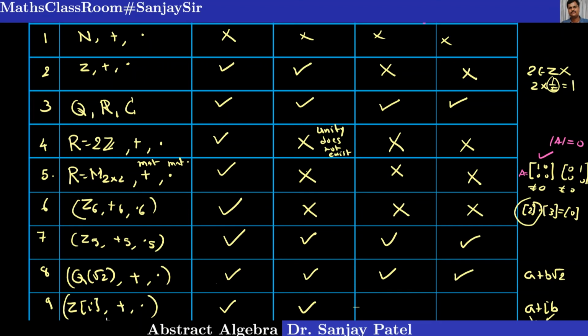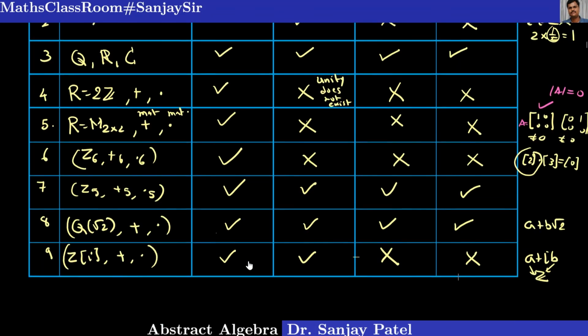If you remember, or just go through the previous videos, we have proved that the only elements of the ring Z i which have multiplicative inverses are 1, minus 1, i and minus i. Means these are the only 4 units of the ring Z i. So this is not true. It is not a division ring. And since every non-zero element does not necessarily have a multiplicative inverse, it is not a field either. So this is another important thing.